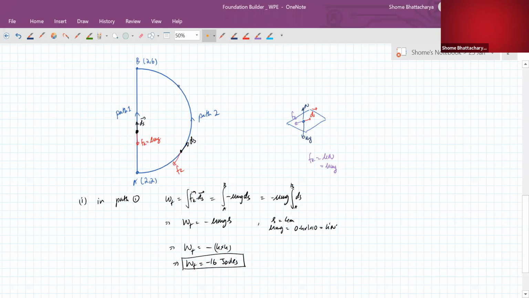By the time the particle comes here, the differential displacement is in this direction, so friction also is opposite to this direction. So always it is at an angle of 180 degrees. Likewise, you calculate for path 2.